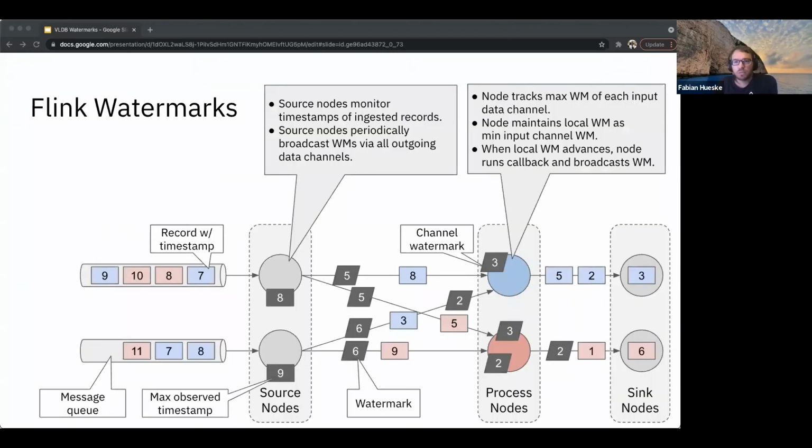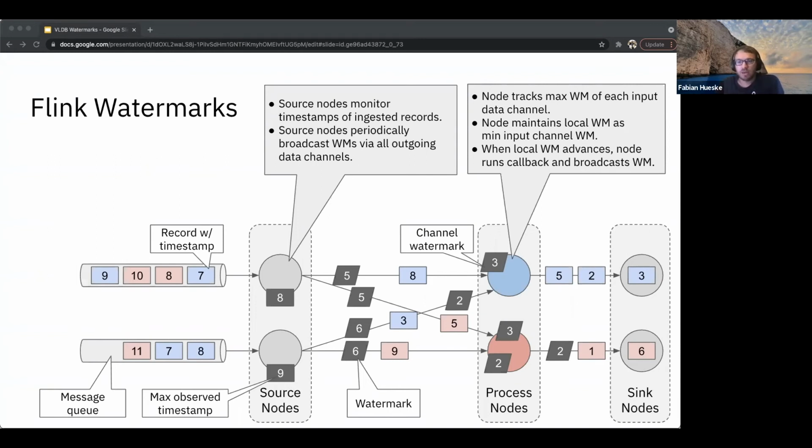In Apache Flink, this works a little bit differently. Flink uses an approach that inlines the watermarks in the data channels to distribute them to the downstream nodes. A source node monitors the events that get injected into the data flow and produces watermarks. These watermarks are forwarded by broadcasting them across all data channels.